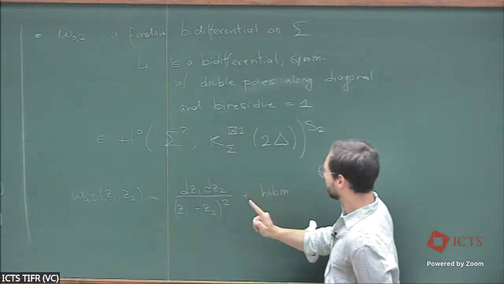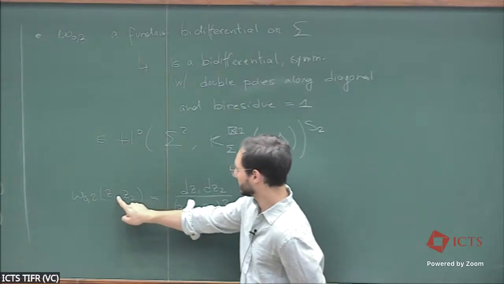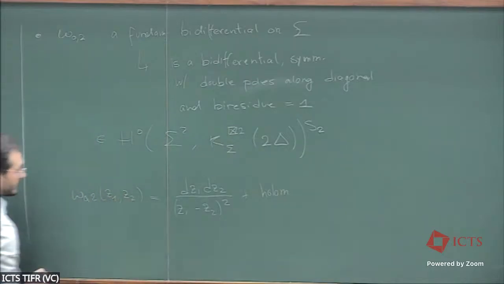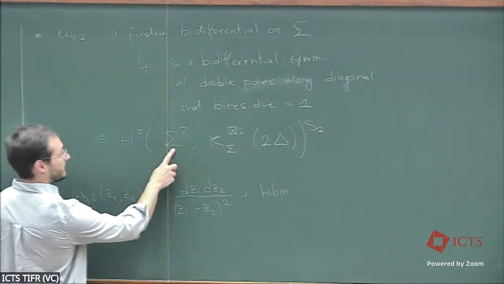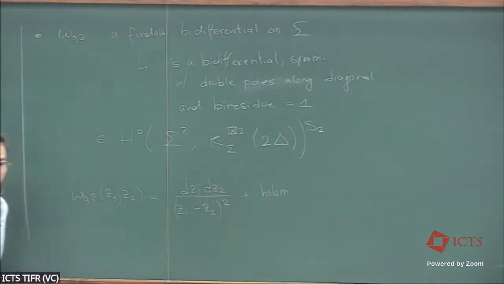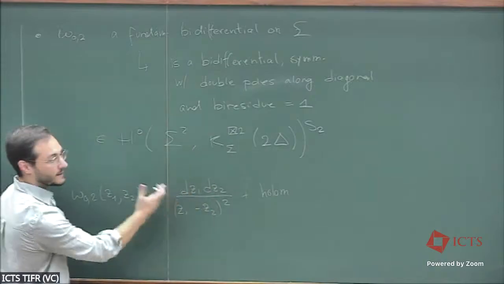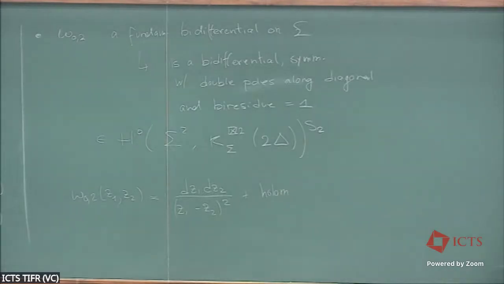No, when you go one line down, then you do. This one? Z1, yes, sorry, this is (z1, z2). So it's a section of the canonical bundle boxed-squared on sigma squared. So you should think of it as if you freeze z2, it is a differential in z1, and if you freeze z1, it is a differential in z2. Okay.